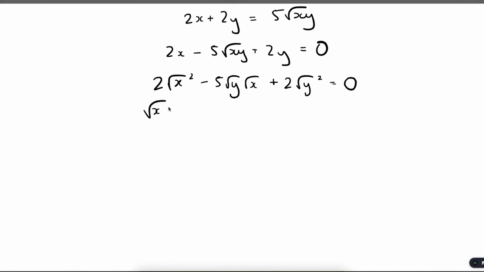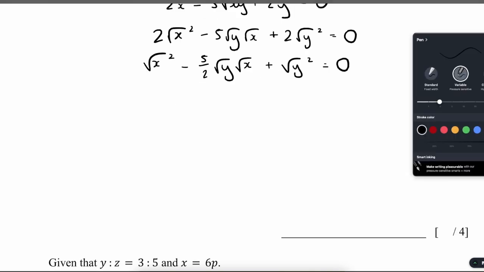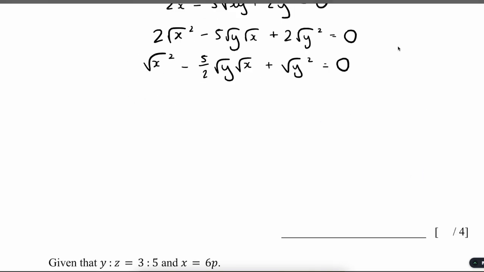So we've got root x squared minus 5 over 2 root y root x plus root y squared equals 0. At this point here, we can use the quadratic formula, okay? That will be a little bit quicker than completing the square, so let's do that.